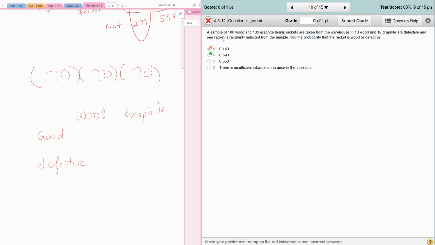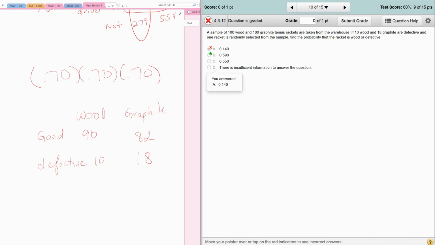So we have 100 wood ones total, and 10 are defective, which means 90 of them are good. And we know we have 100 graphite tennis rackets total, and 18 are defective. So if 18 are defective, then 82 are good. Okay?